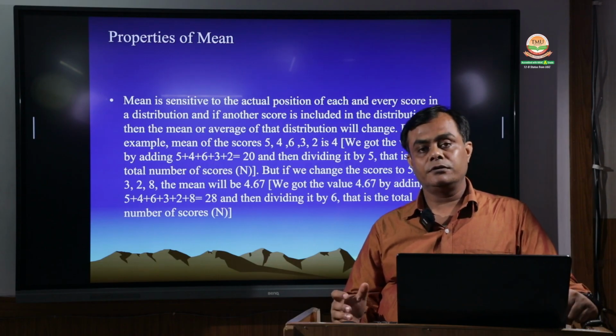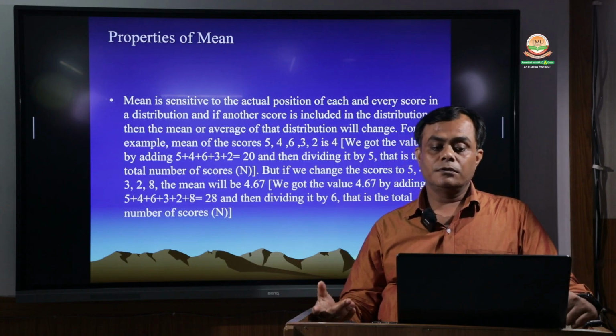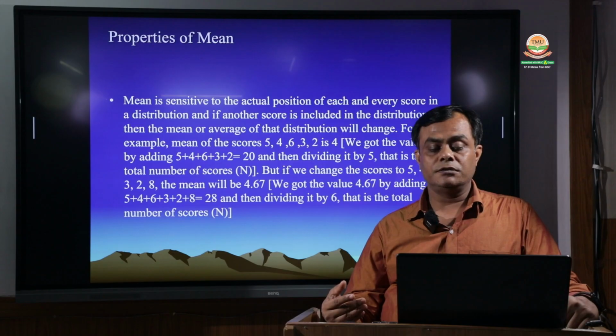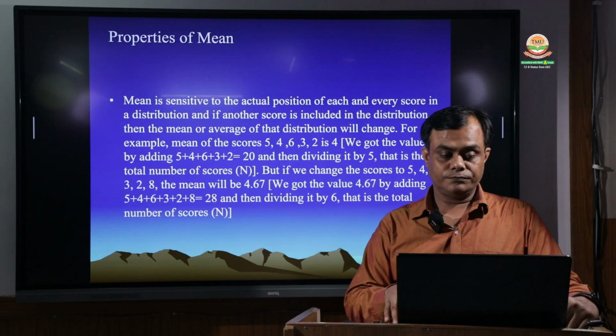So this is how we can calculate the mean value, and here we can understand the property of the mean and why it is important.